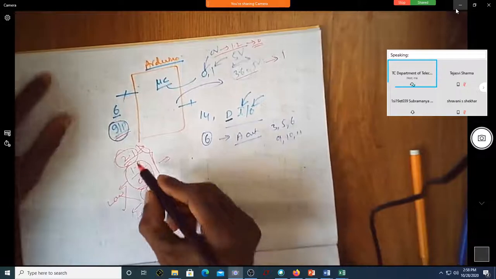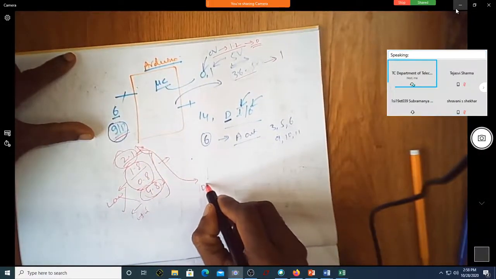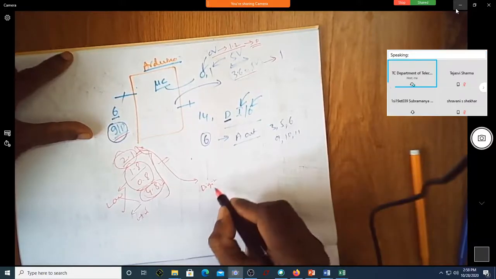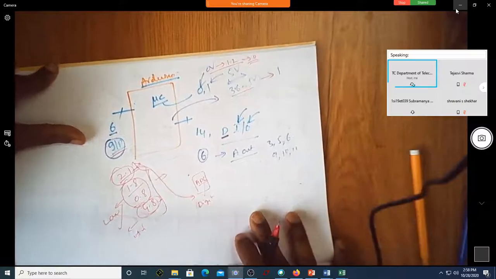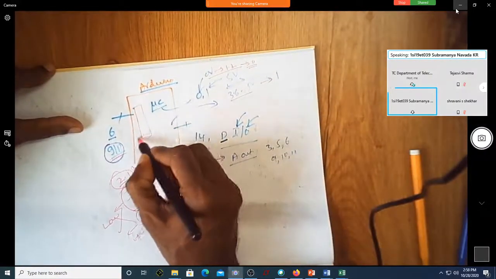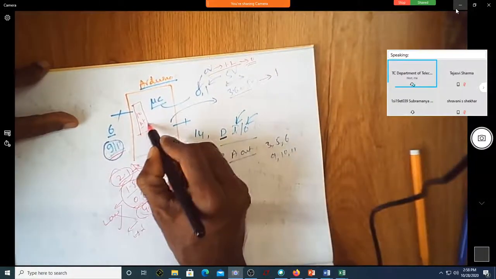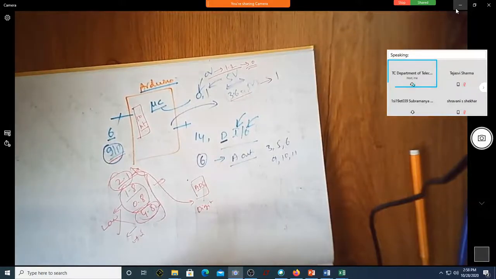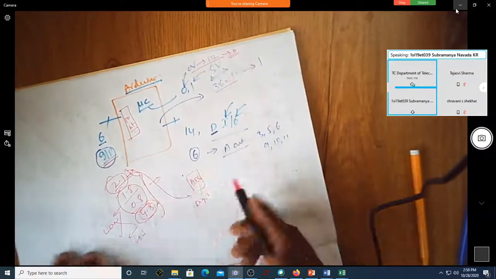So these analog voltages will be converted to digital using an analog to digital converter, ADC. The ADC in this case is a 10-bit ADC. When I say 10-bit ADC, maybe in the fourth semester you'll study a complete unit on this ADC.